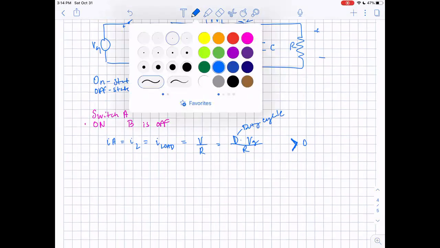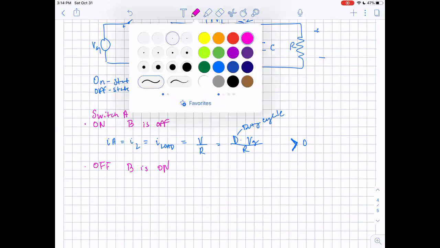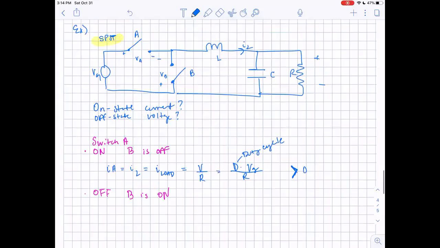Okay, so then let's switch A off. Then B is now on. We have our VA equals VG, and we define that as greater than 0 because VG is greater than 0.